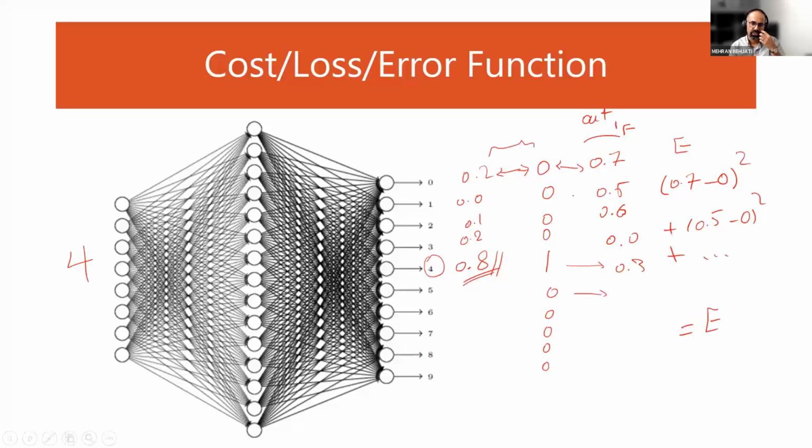But we need to take into account that this error is related to one single sample. What we need to do is calculate this error for all samples and take the average. By the end of the first feed forward, we can calculate the error, and based on this error, we can say how good or how bad our weights and biases are.